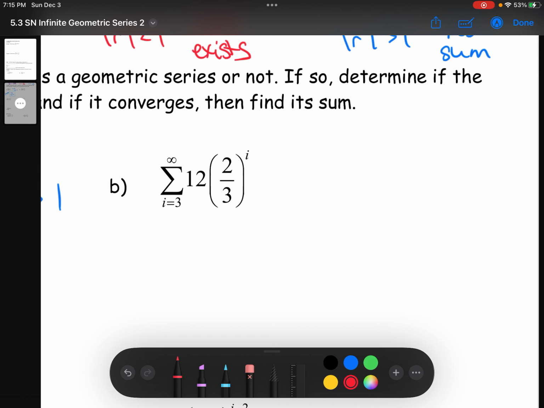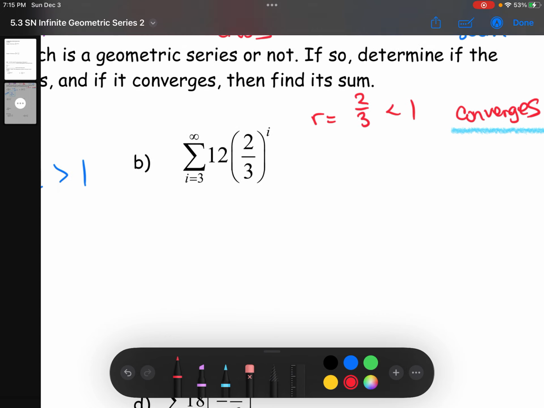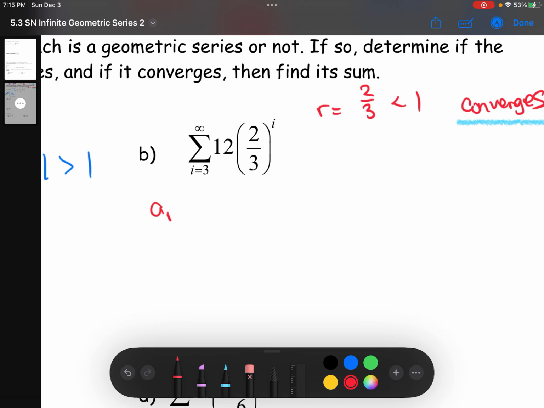On B, that r value is 2/3, which is less than 1. So this series converges, which means it will have a sum. So to find its sum, we need to find a first.